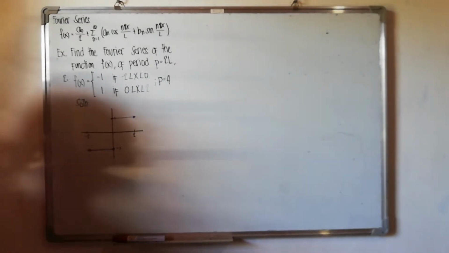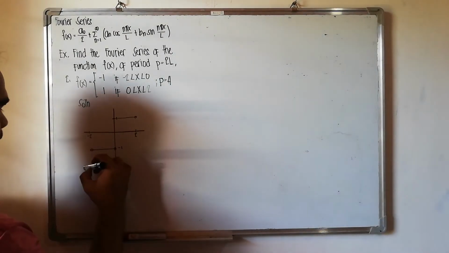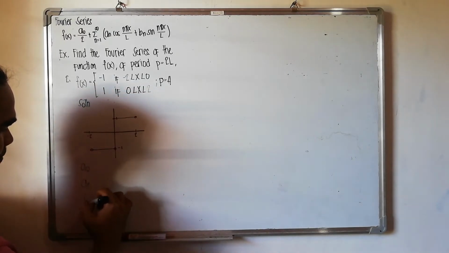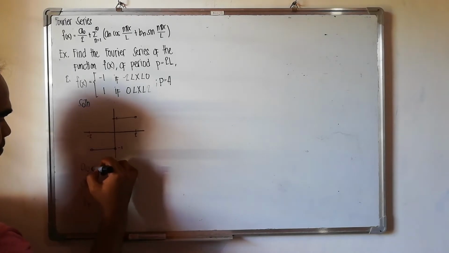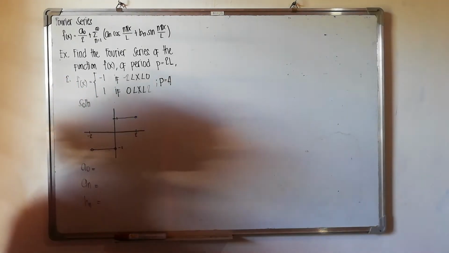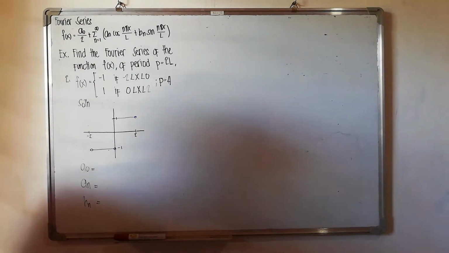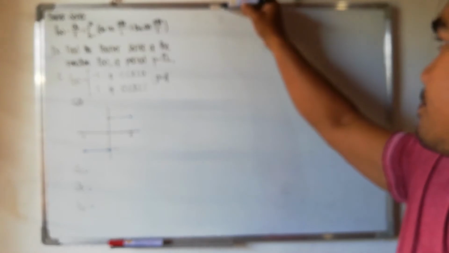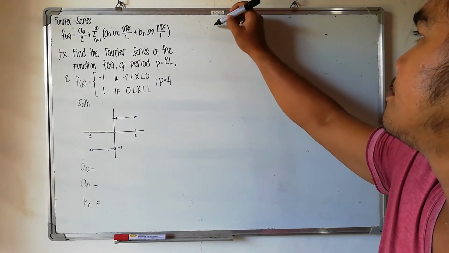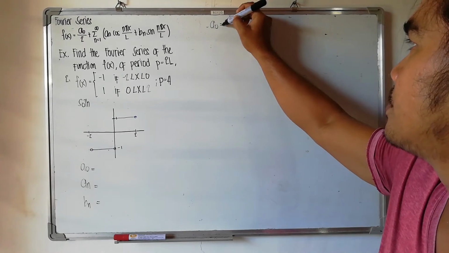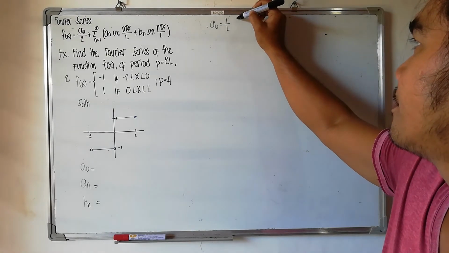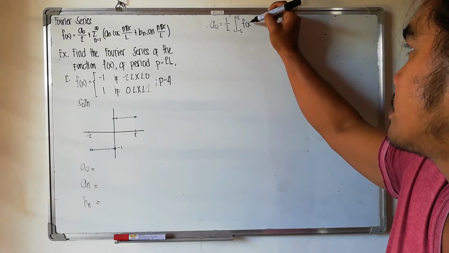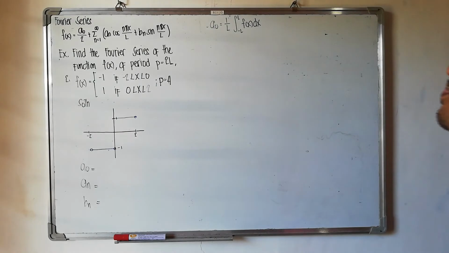So to solve for its Fourier series, we need to find your a sub o, your a sub n, and your b sub n. So to find your a sub o, a sub o is equal to 1 over L integral from -L to L of f of x dx.